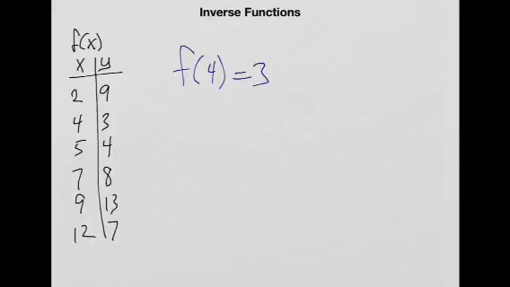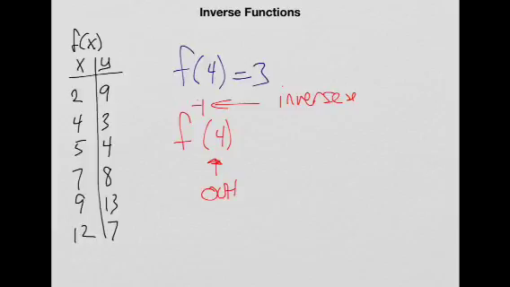But if I were to come along the other way and say, what's f inverse of 4? By the fact that I put that -1 in there, I'm asking for the inverse function. That means that this 4, the input to my inverse, is actually the output of my function f of x.